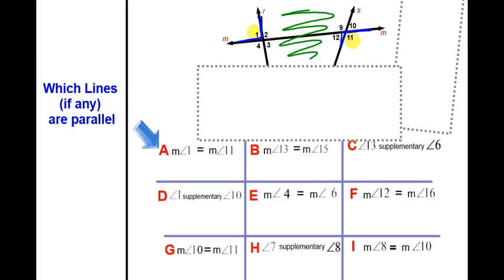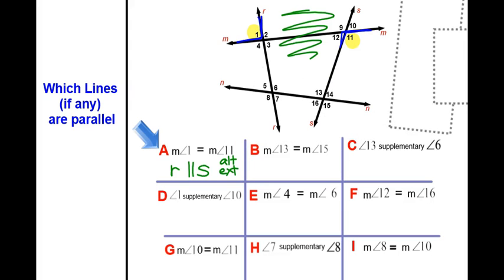And those two angles are supposed to be congruent. So we can say that R is parallel to S, and that is because of alternate exterior angles being equal.